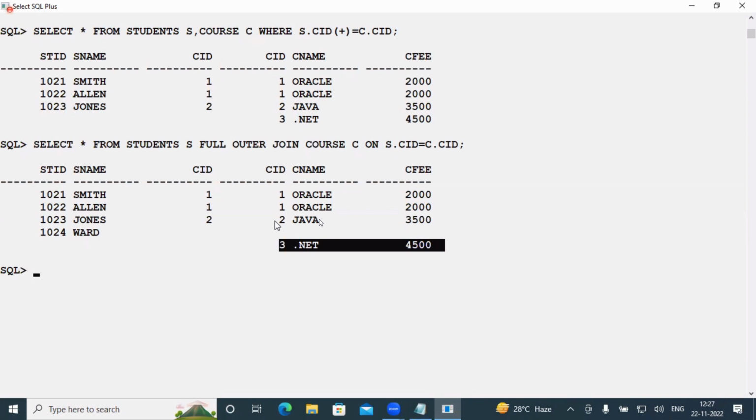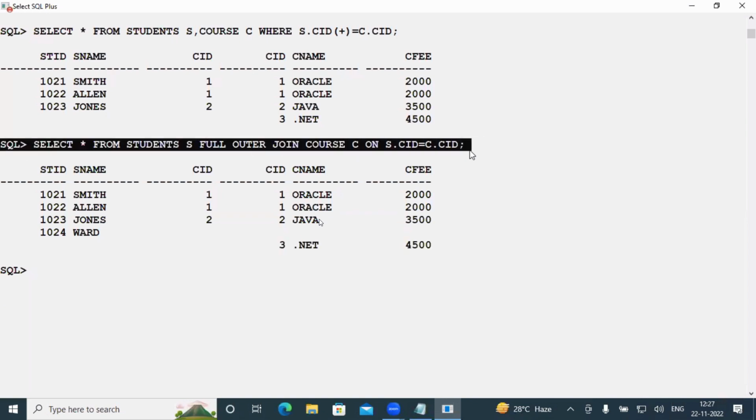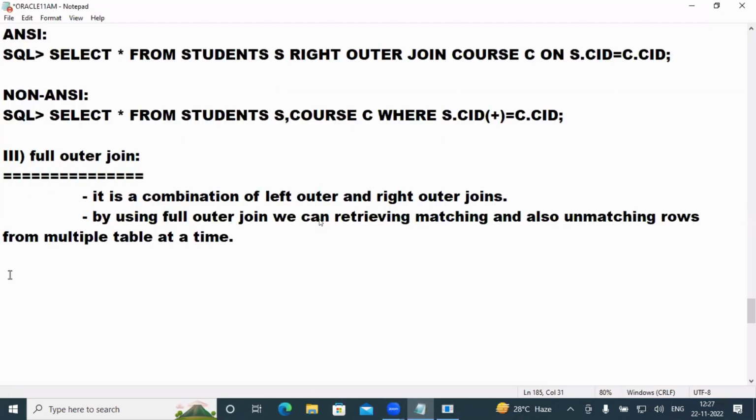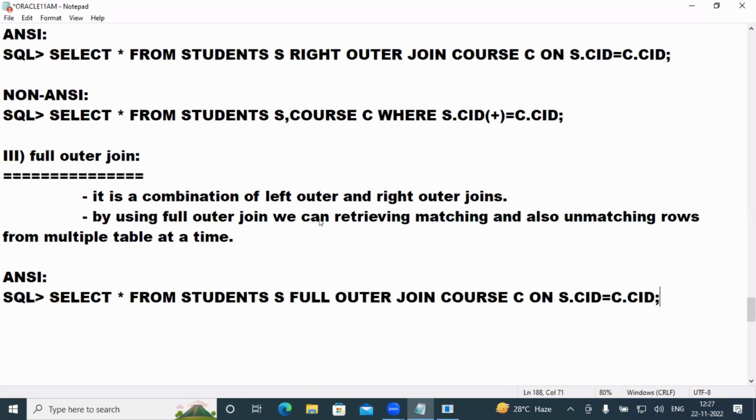Okay, this is the full outer join in ANSI format, how to write. Now tell me guys, can you write non-ANSI format? Any guesses? How to write non-ANSI for full outer join?